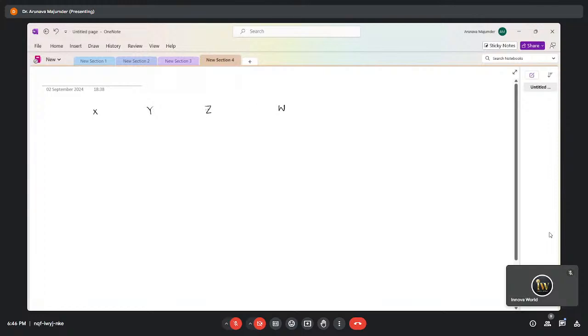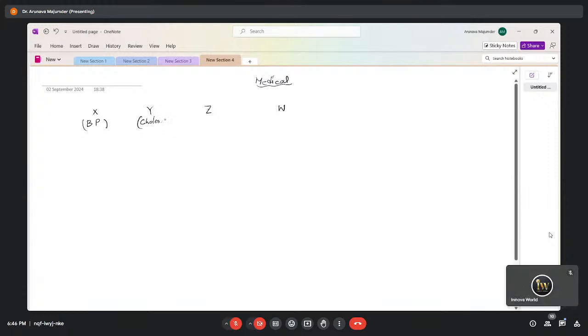Let us suppose this is a medical data set. I'm just giving you an example. X is, suppose, BP, blood pressure. Y denotes the blood cholesterol.